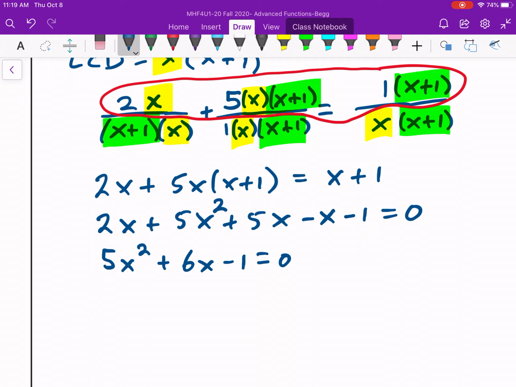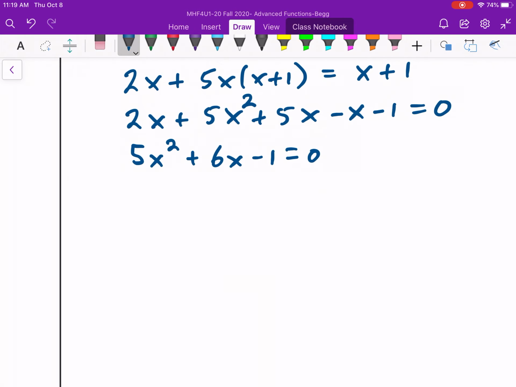All right, so then we again need to solve this. I could do trial and error, I could try decomposition, I could try whatever works best. When I look at this, I like trial and error.